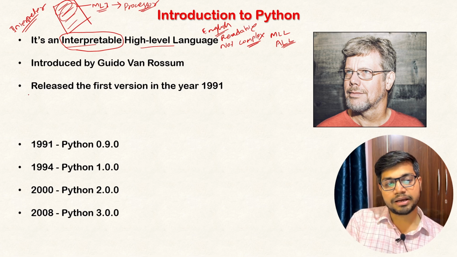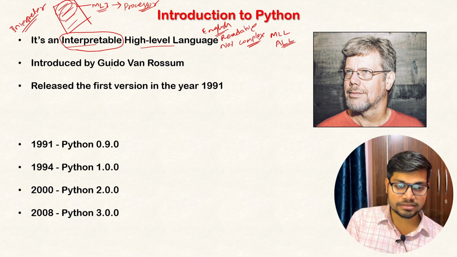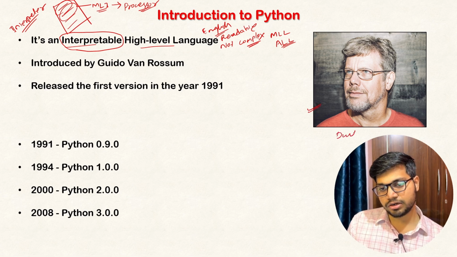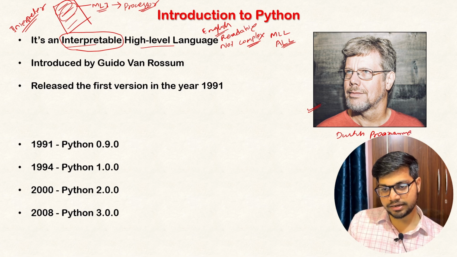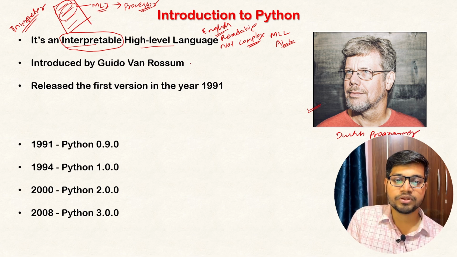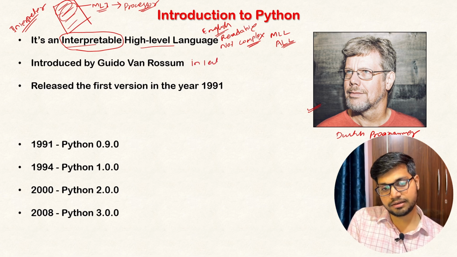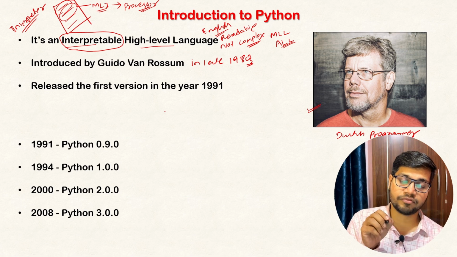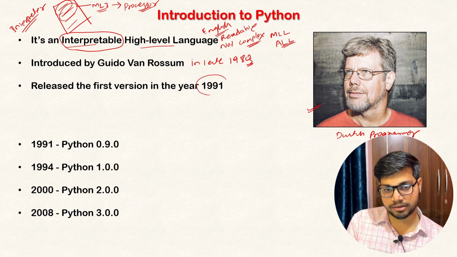Python was introduced by Guido van Rossum. He is a Dutch programmer. He introduced Python in the late 1980s and he released the first version of Python in 1991.